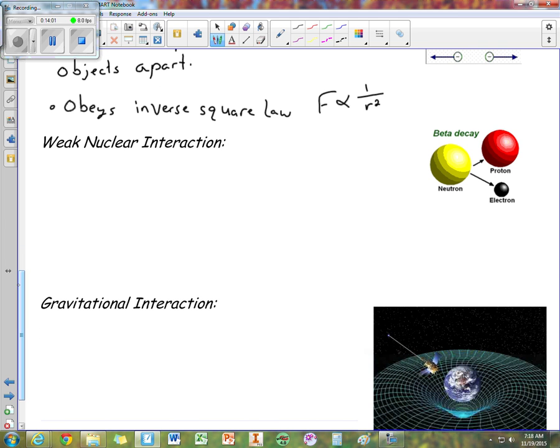Next, we have the weak nuclear interaction. This one is a little tricky. Basically, it's responsible for protons decaying into neutrons and neutrons decaying into protons.